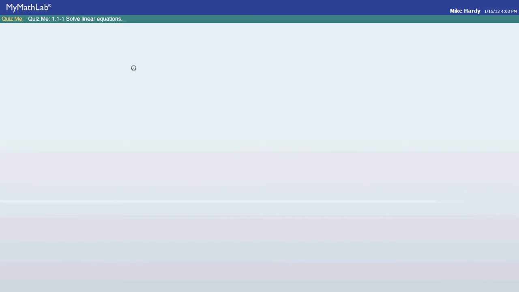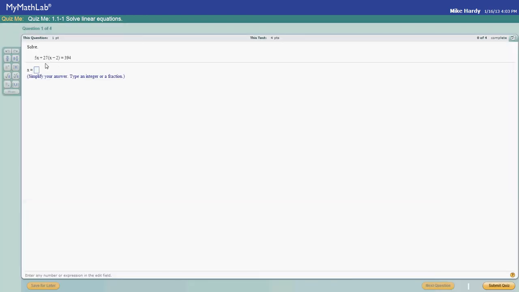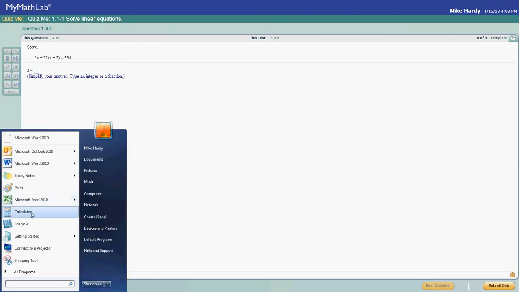So we set up, say I'm going to start, and we end up with 32x minus 54 equals 394. 32x equals 438. 32x, so let's just go to a calculator because I can't do that in my head.